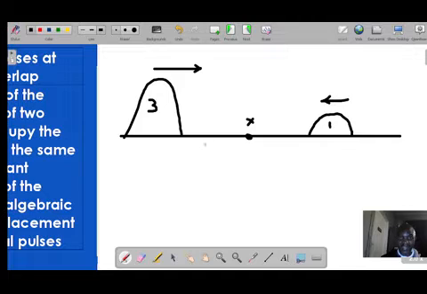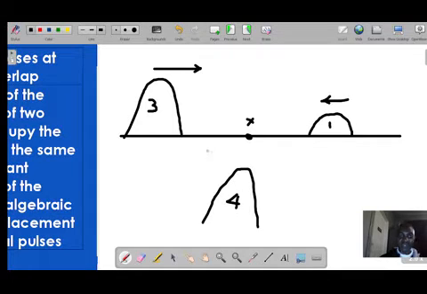So our resulting amplitude at point X is going to be like this one here, giving us the 4, which is our resultant amplitude.